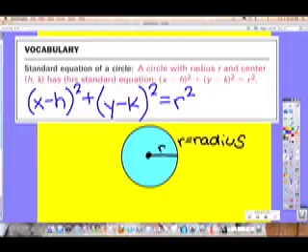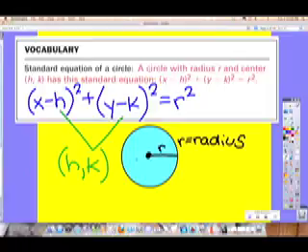The center would be helpful, don't you agree? Well, the center's in there. The center is in the form h, k. Right here. This is your center. It's a point. So it's the center of your circle right there. So you just pull the numbers out of the equation and it's the center of your circle.